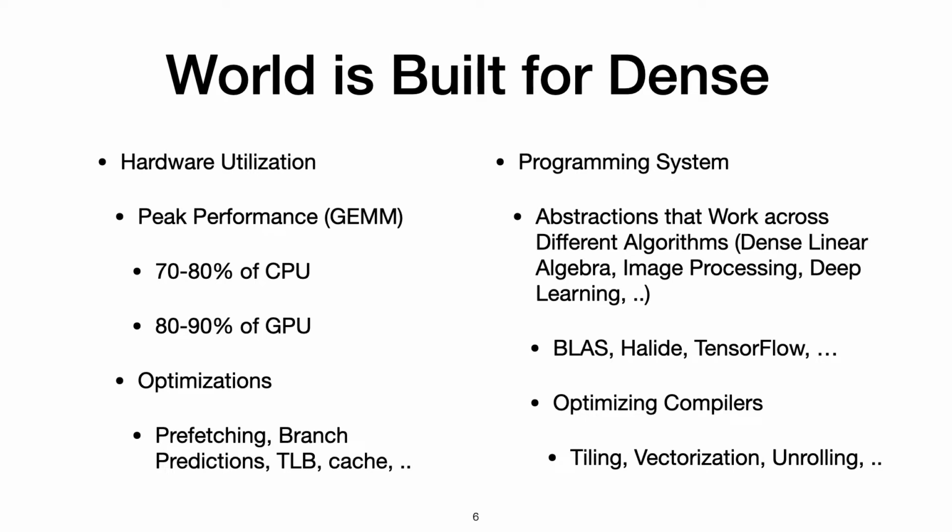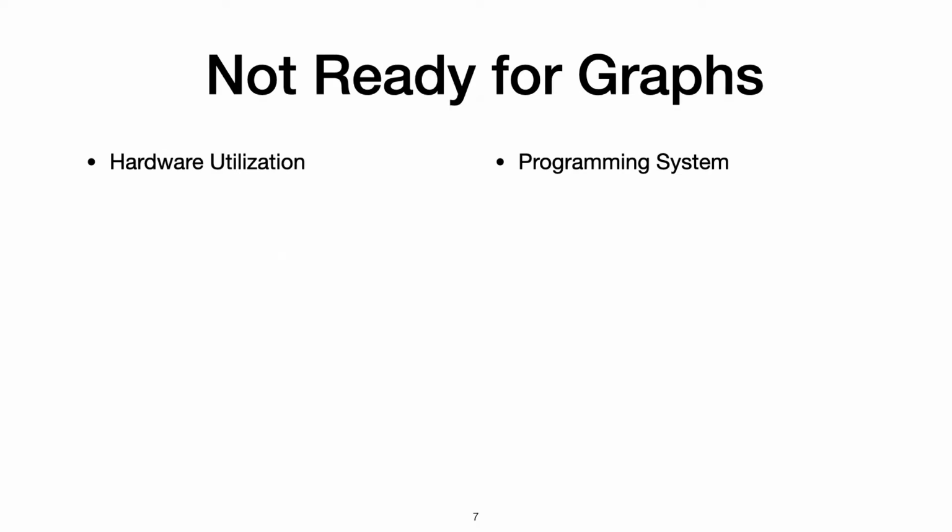From the programming systems also, we have done many things for dense applications, from building the right abstractions and a slew of libraries, to optimizing compilers. Starting from the Fortran compiler, we have focused on how to get really good performance for dense applications. But when you look at graphs or sparse applications, that's not the case.